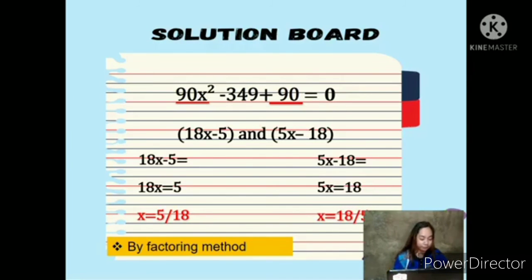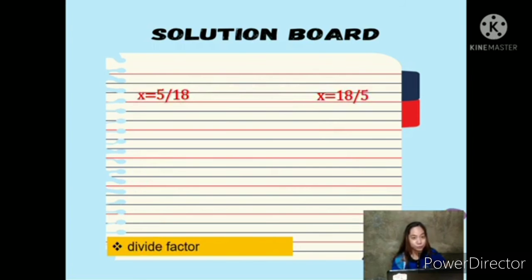over 5. So, paano malaman kung saan dito ang tamang sagot sa dalawa? Ang 5/18 ba or 18 over 5? So, ang gagawin po natin is i-divide natin yung factor. So, 5 divided by 18 is equal to 0.27.